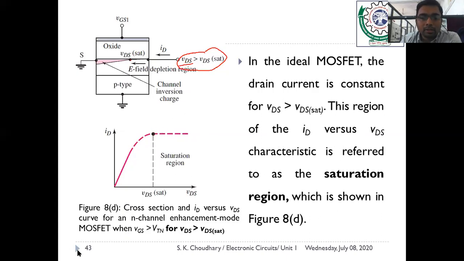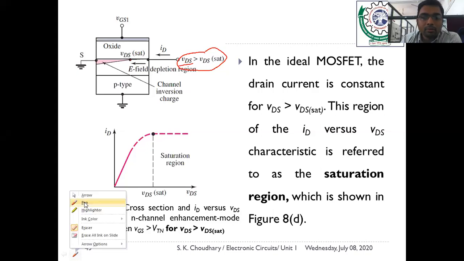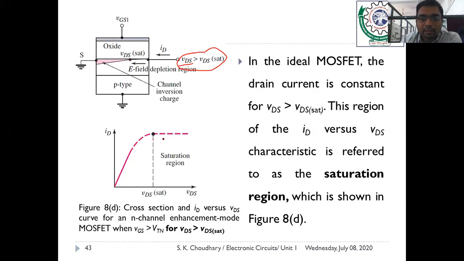Here you can see the drain current becomes constant and it is parallel to the x-axis. The x-axis is the drain to source voltage. So however much the drain to source voltage is increased, it does not make any change in the value of the drain current. It remains constant.